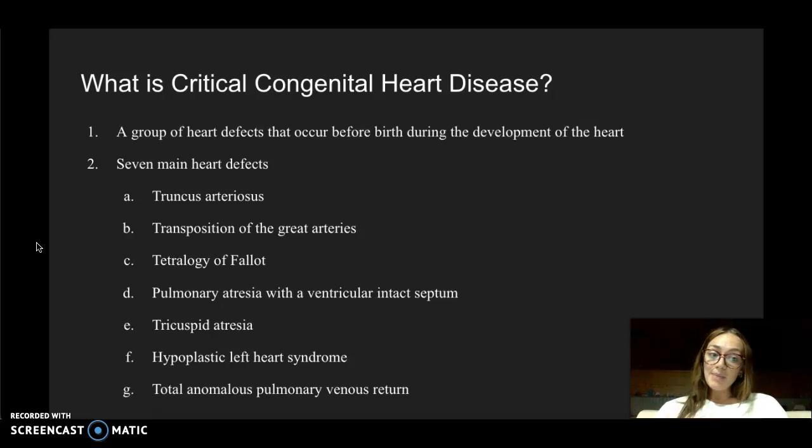I'm probably going to botch the way I say these, but the 7 main heart defects are: truncus arteriosus, transposition of the great arteries, tetralogy of Fallot, pulmonary atresia with intact ventricular septum, tricuspid atresia, hypoplastic left heart syndrome, and total anomalous pulmonary venous return.